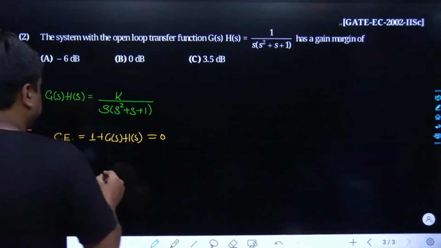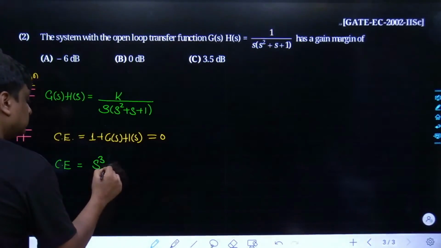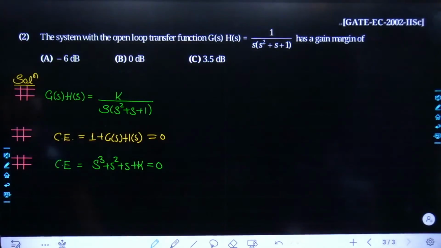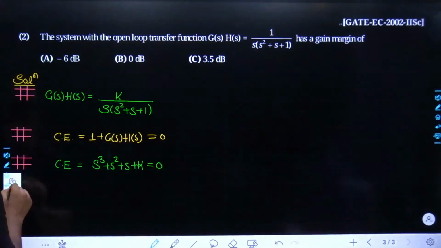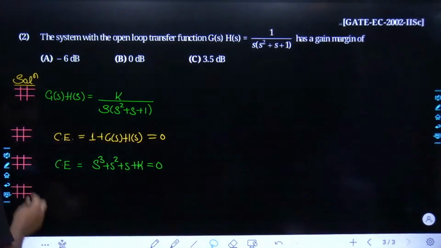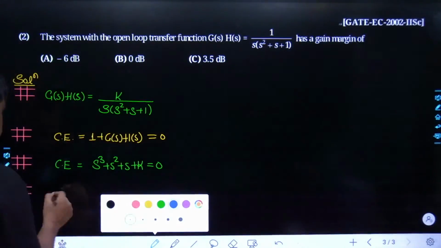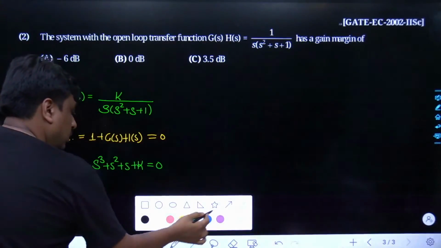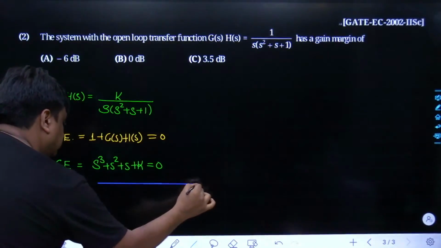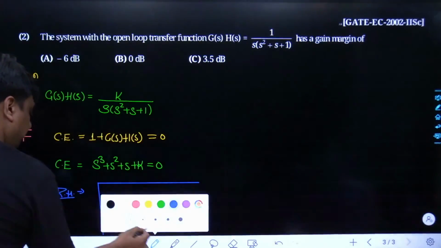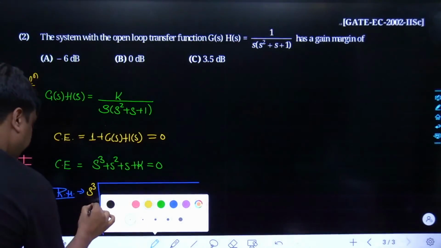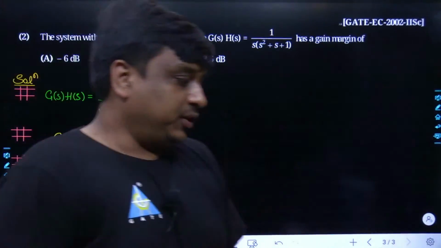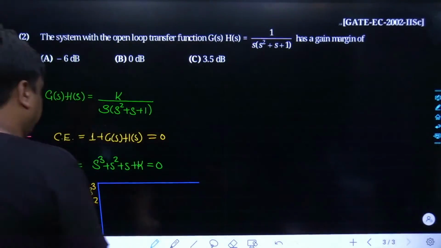Vignesh, the answer had been B. Perfect, Vignesh.